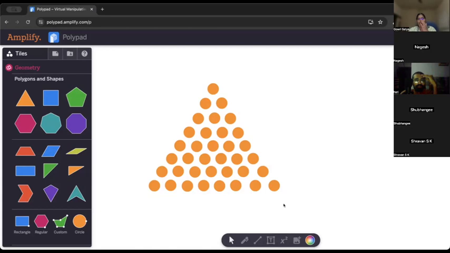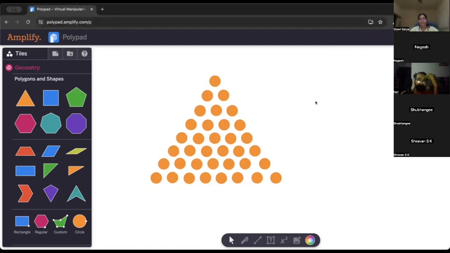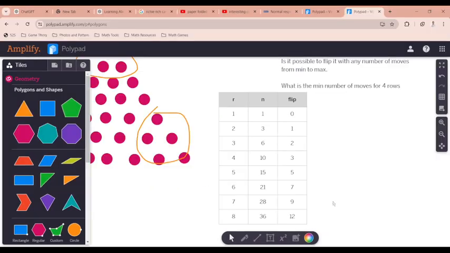Okay, so shall we keep track of the things that we are moving? Maybe change the color and see what we get. Here is another thing. From here to here, it is +1, 3 times.